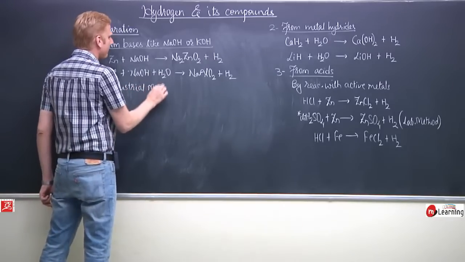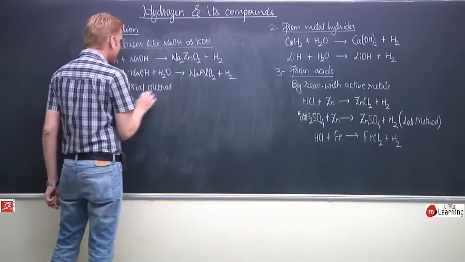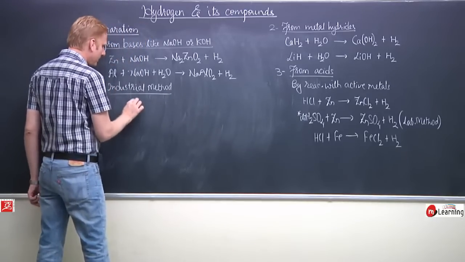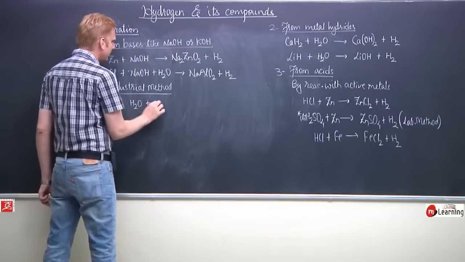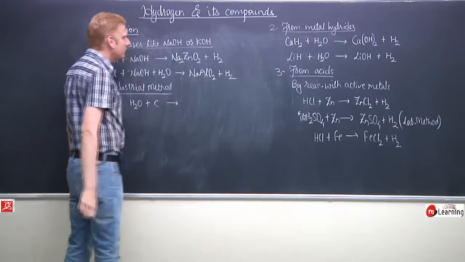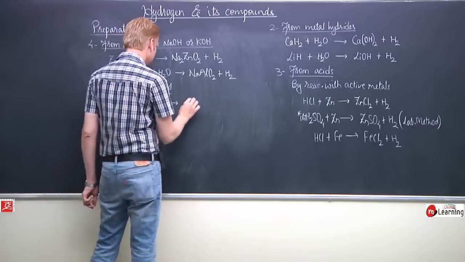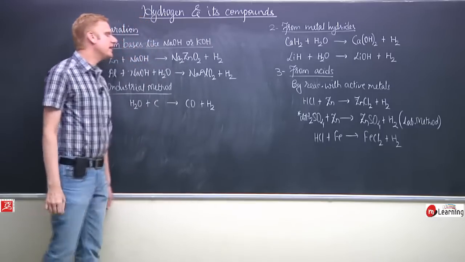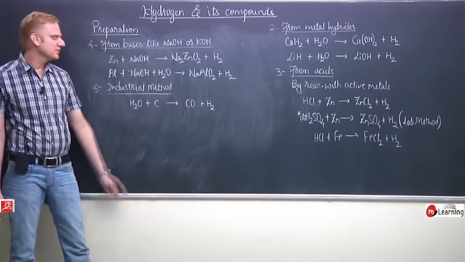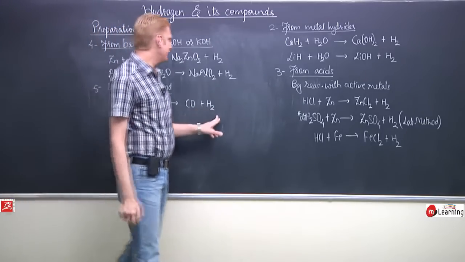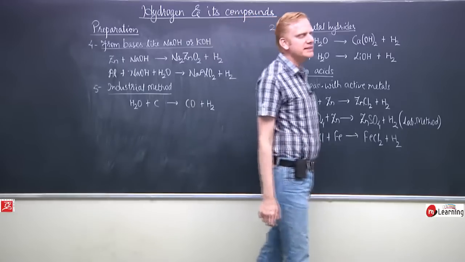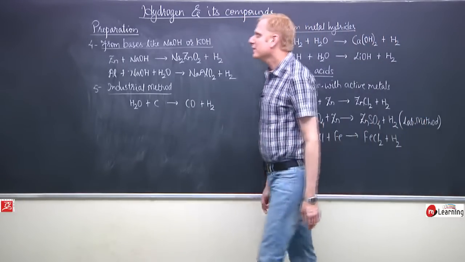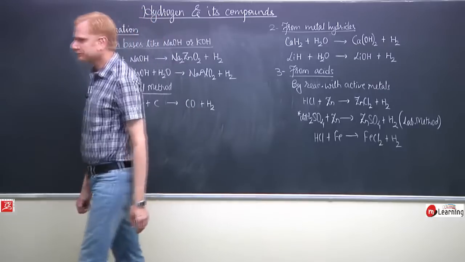In the industrial method, although it is a catalytic process, water is allowed to react with carbon and the product is hydrogen and carbon monoxide. After this, the gases are separated and commercially hydrogen gas is obtained using this method.